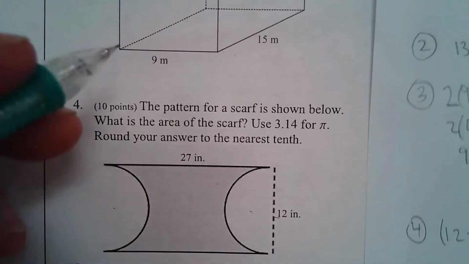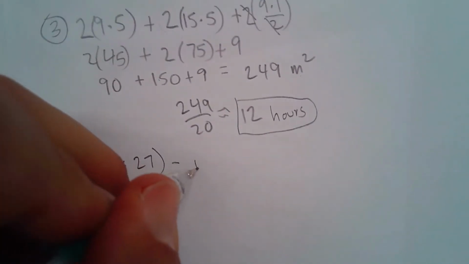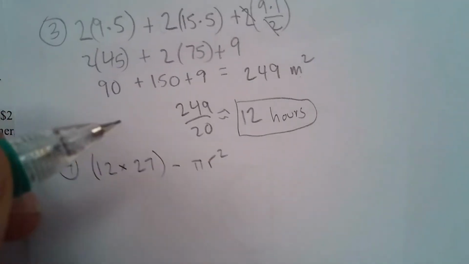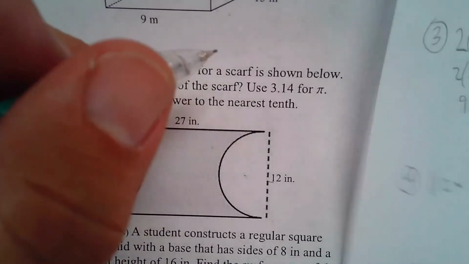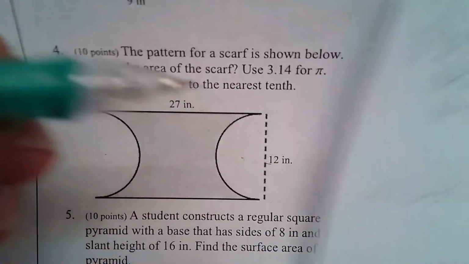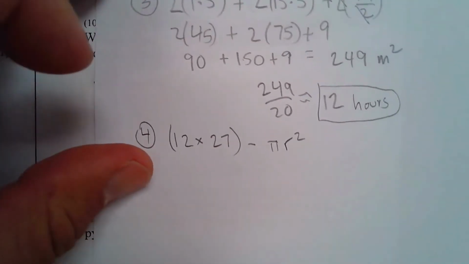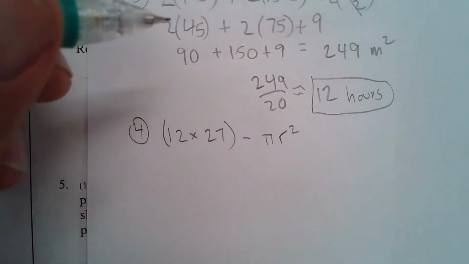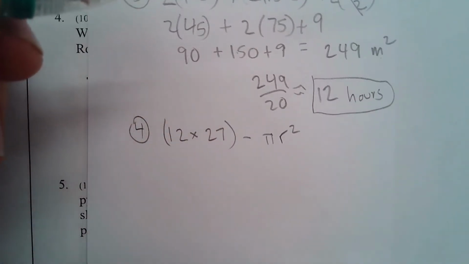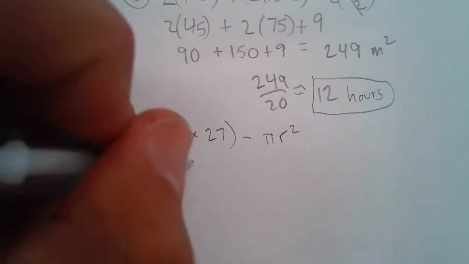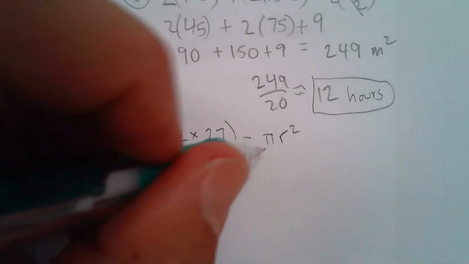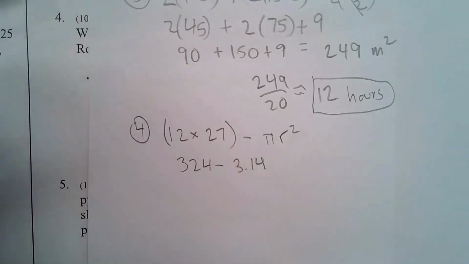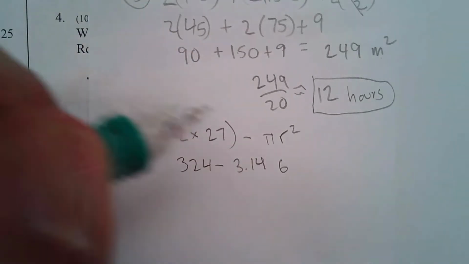The area of a circle is pi times the radius squared, and that radius is half of 12, which is 6. First off, what's 12 times 27? I believe that's 324. So 324 minus pi, 3.14, times the radius, which was 6, squared.